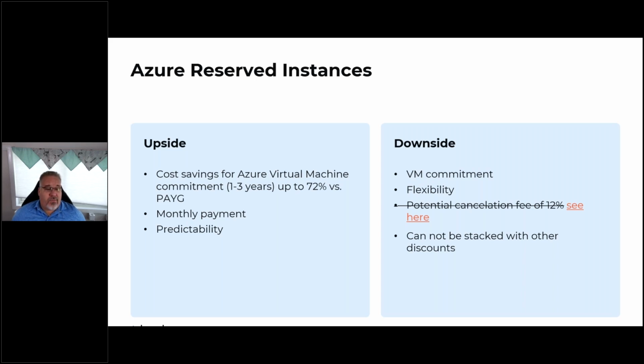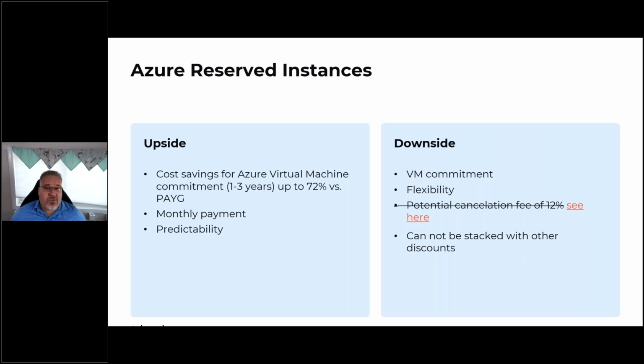If you commit to a 3-year reserved instance, you can get savings up to 72% versus pay-as-you-go. So that's a really great discount. It's a monthly payment, and it does show predictability on the virtual machine. So again, you're doing a reserved instance on a 31-day month, and you're providing up to 72% on the discount.